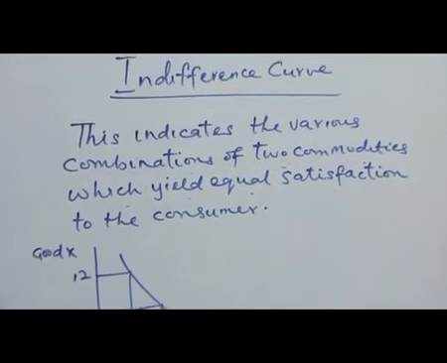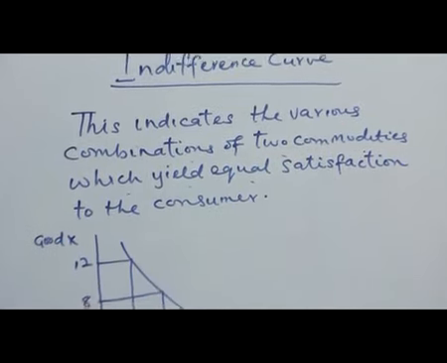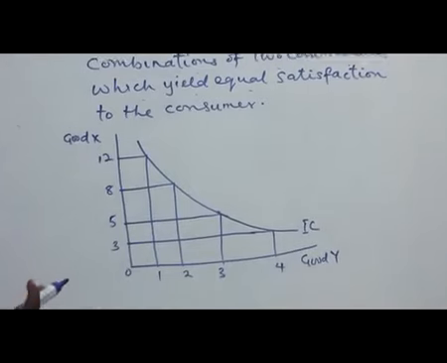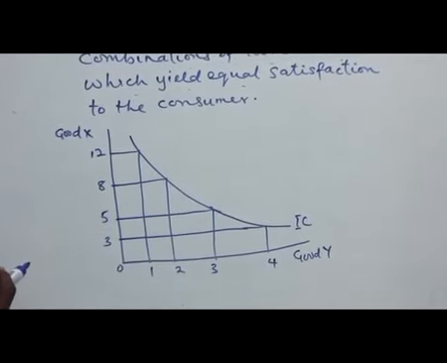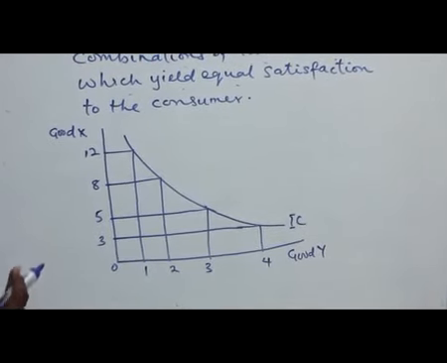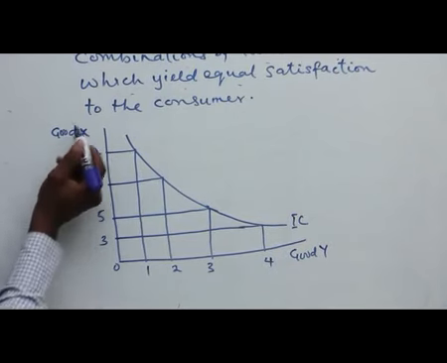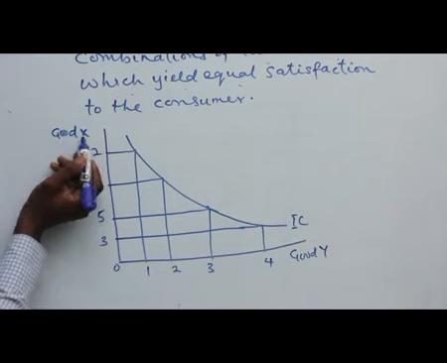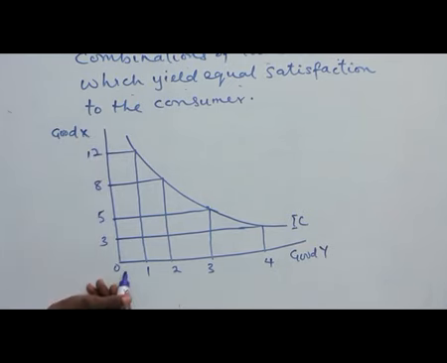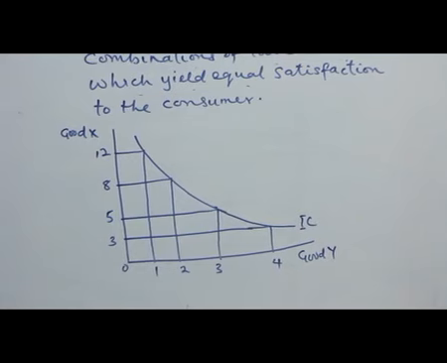Let's demonstrate the diagram below. In this analysis, we have two commodities that the consumer wants to take at the same time. Now, this is the good X axis and the good Y axis. The consumer is trying to combine the two goods together in order to get satisfaction.